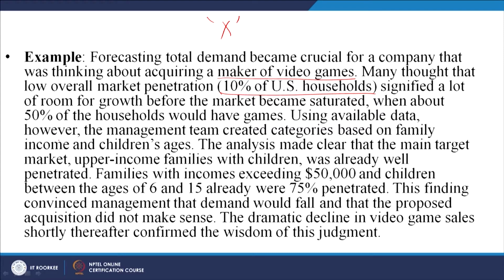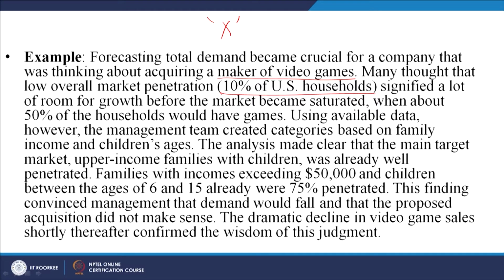Using available data, however, the management team created categories based on family income and children's ages. The analysis made clear that the main target market, the upper income families with children, was already well penetrated. So, the company realized that the target market they were thinking of is already well penetrated. Families with incomes exceeding $50,000 and children between the ages of 6 and 15 already were 75% penetrated.